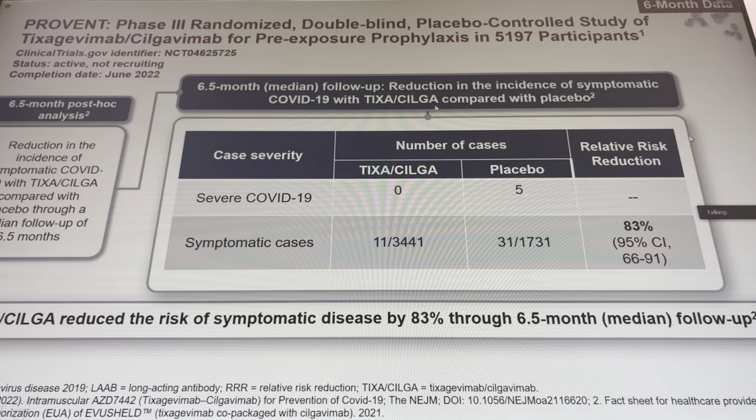Next slide. So this is now a graph of the 6-month follow-up. And when you look at the 6-month data, Evusheld reduced the risk of symptomatic disease by 83% at the 6.5-month follow-up in this trial. Next slide.